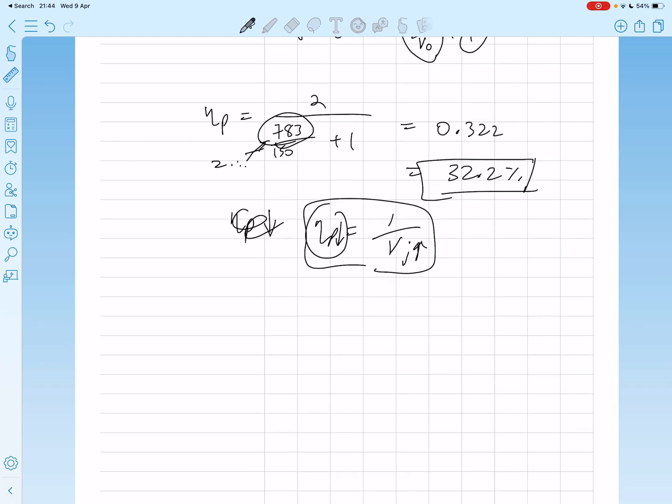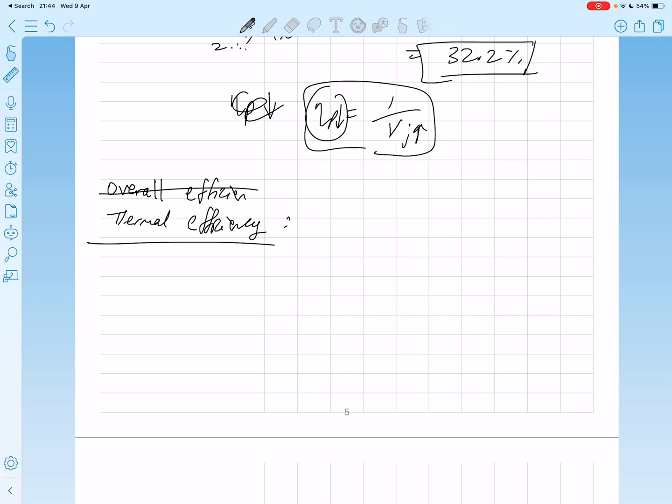Final part of the question asks to find the overall efficiency. Sorry, the thermal efficiency. And then the overall, which is just the product of the two, propulsive and thermal.